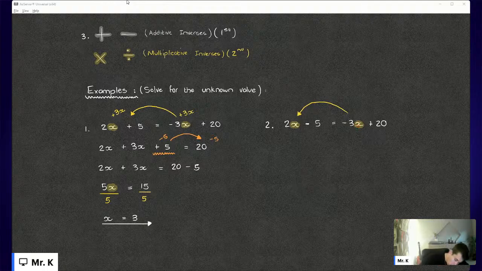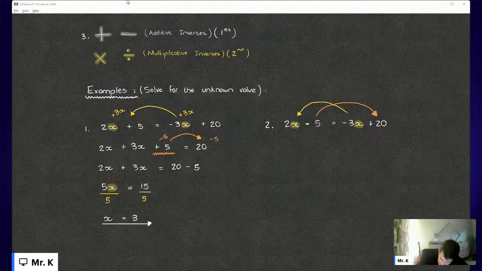And we can do all of this moving in one simple step. So I'm going to leave this 2x as is, but I want to move the minus 3x over to the left-hand side. All you need to do is change the minus sign into a plus sign.